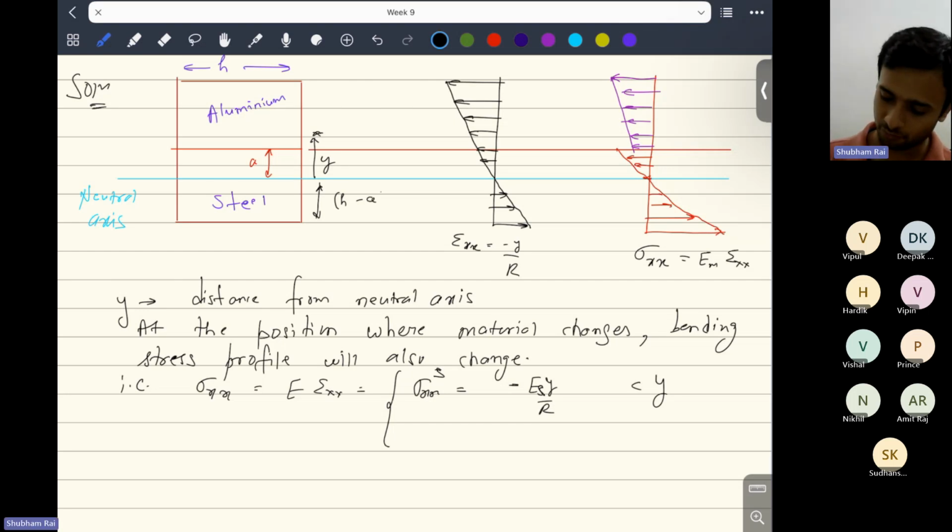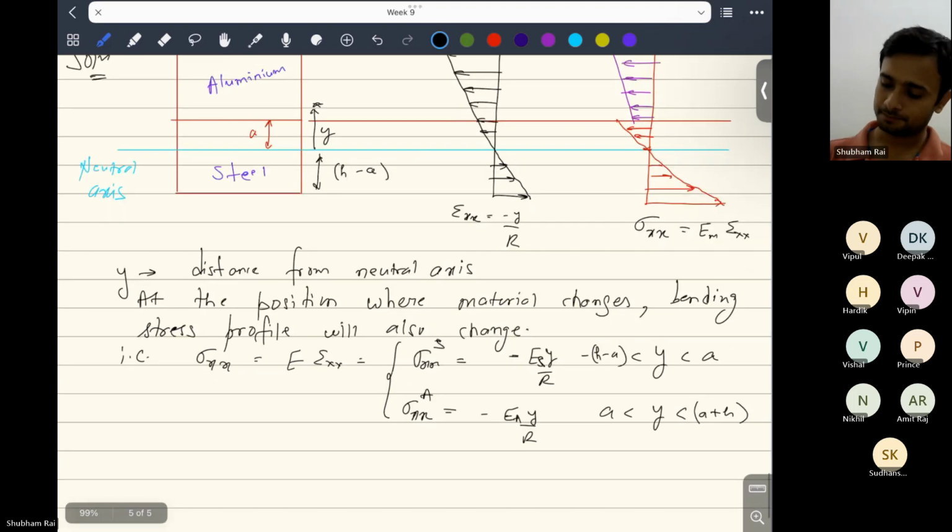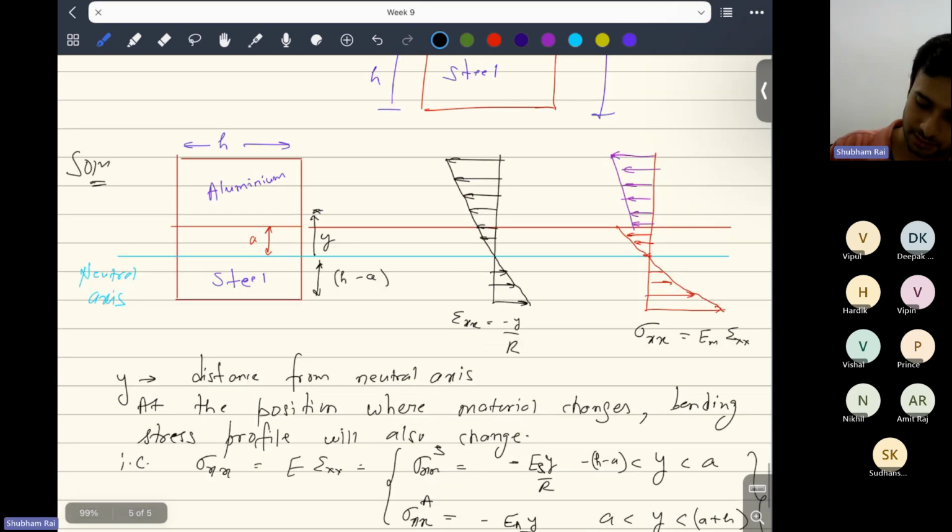So start from minus of h minus a, and we'll go up to y is equal to a, right? So this is steel. And then if we write in aluminium, that will be minus of EA into y by r. And this is valid for y starting from a and going up to a plus h, right? Because this distance is h, so this total distance will be a plus h.